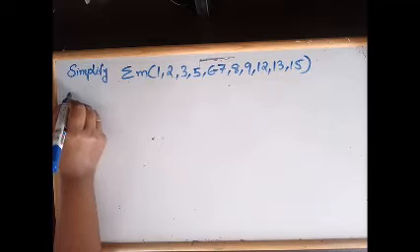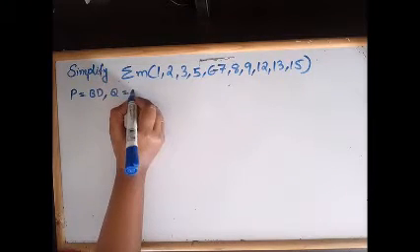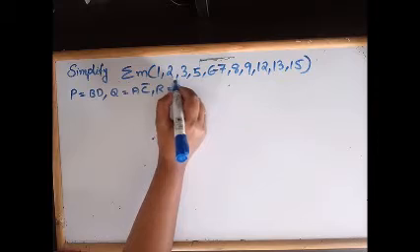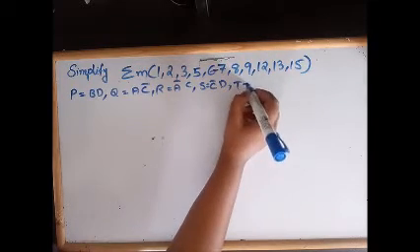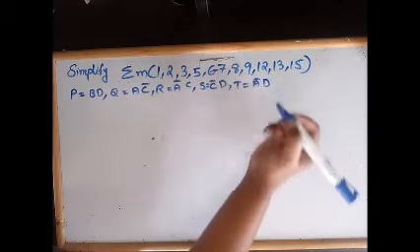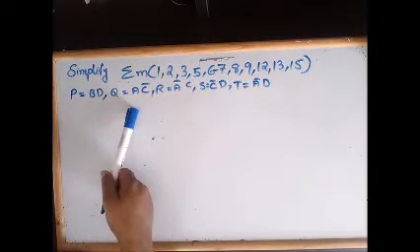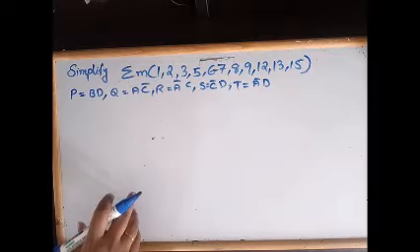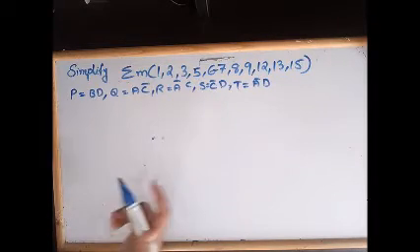Our prime implicants are P equal to BD, Q is A C bar, R is A bar C, S is C bar D, and T is A bar D. Then we need to generate a prime implicant chart, which is used to show the relationship between the prime implicants and the minterms. We create a table where the rows indicate the prime implicants and the columns indicate the minterms.